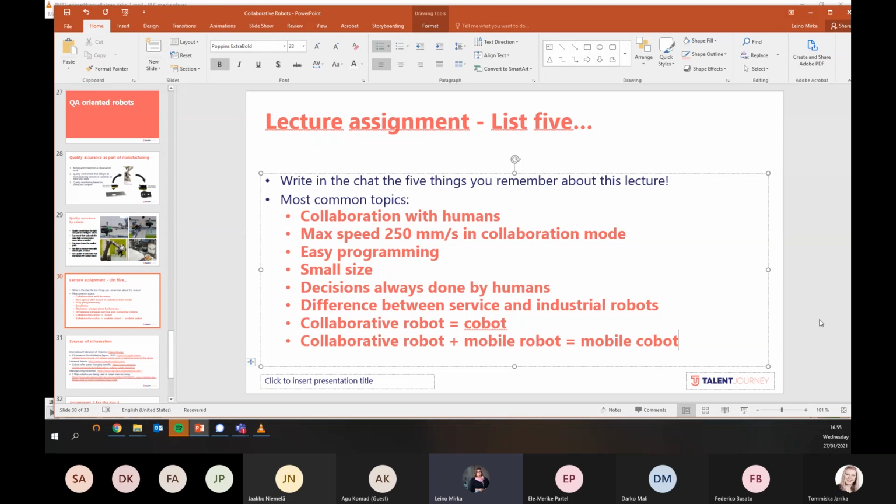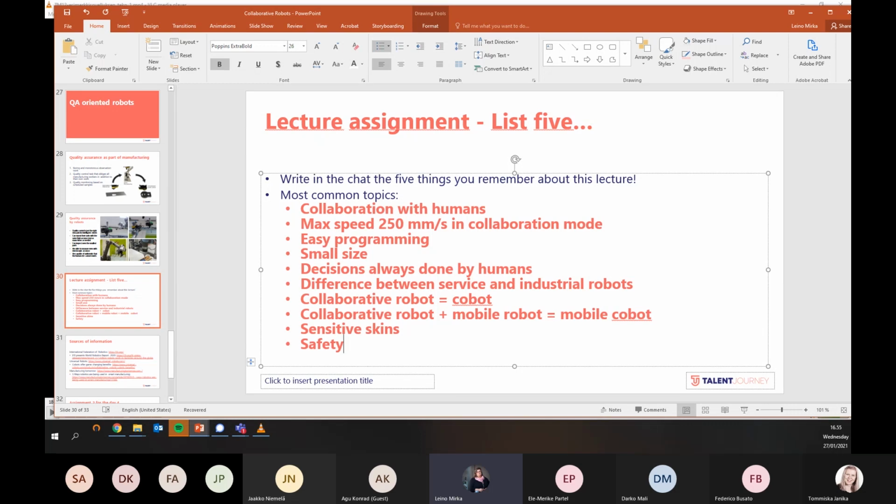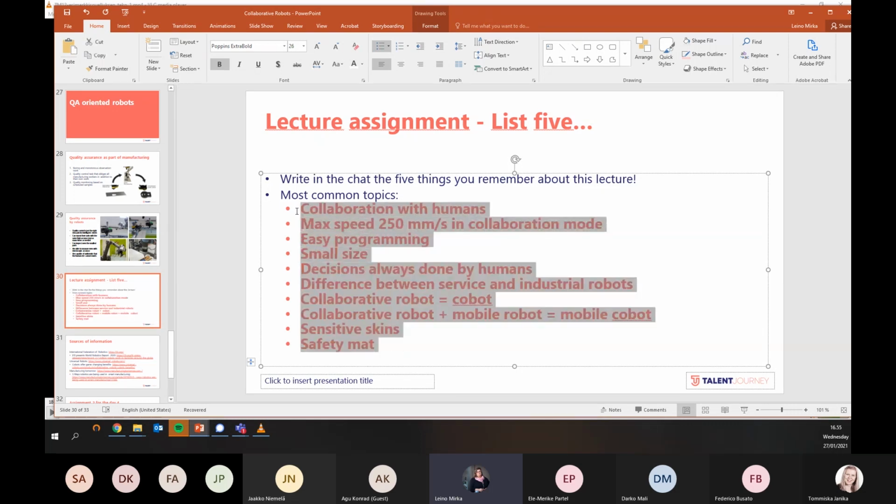Sensitive skin. Yes. We will talk more about these sensors next time. So, and safety mat also. That's also very... I like it. It's somehow so instructive or descriptive. I always see where I can be and where I can't be. I like it. Yeah.